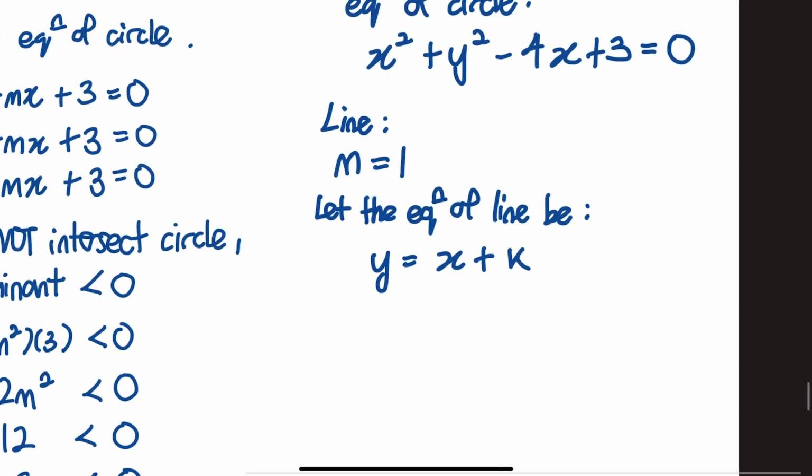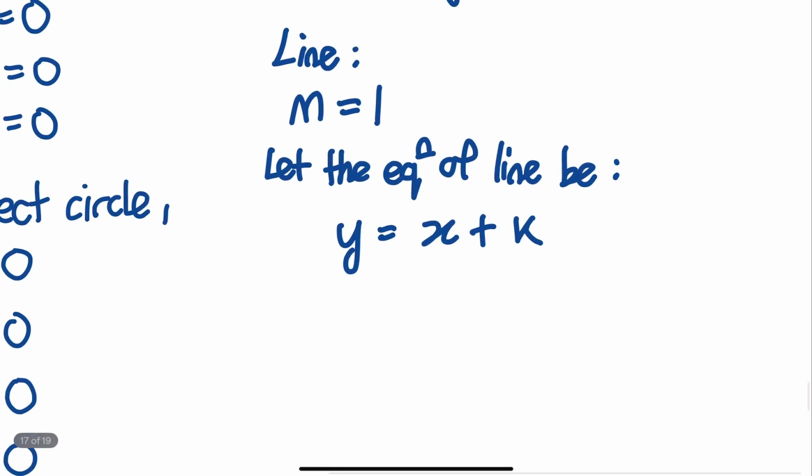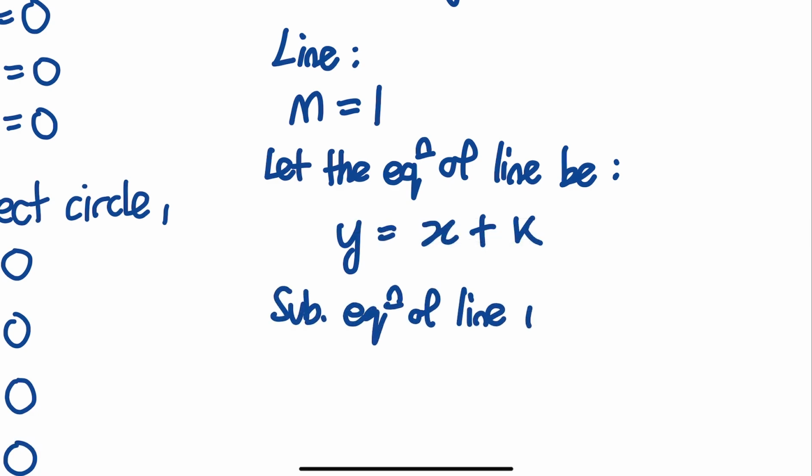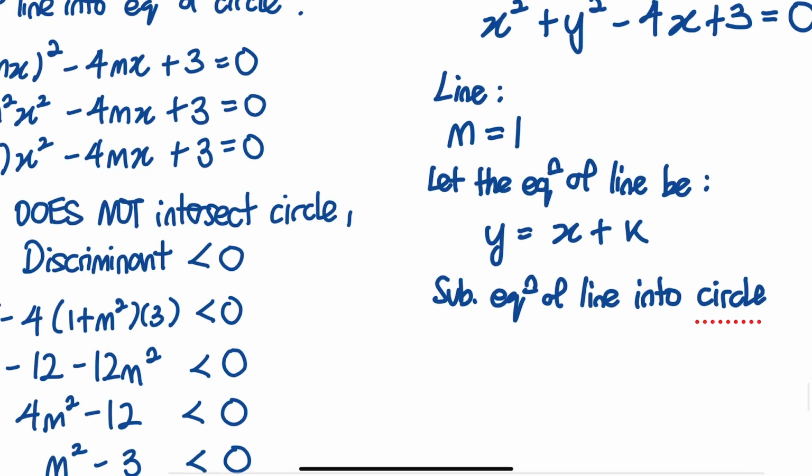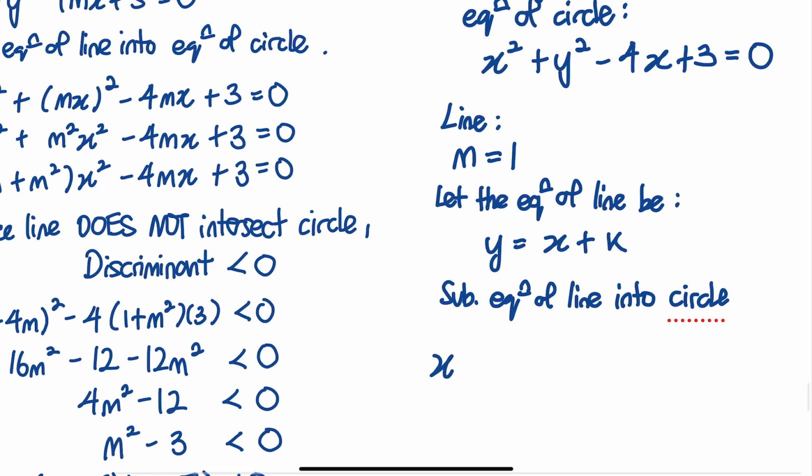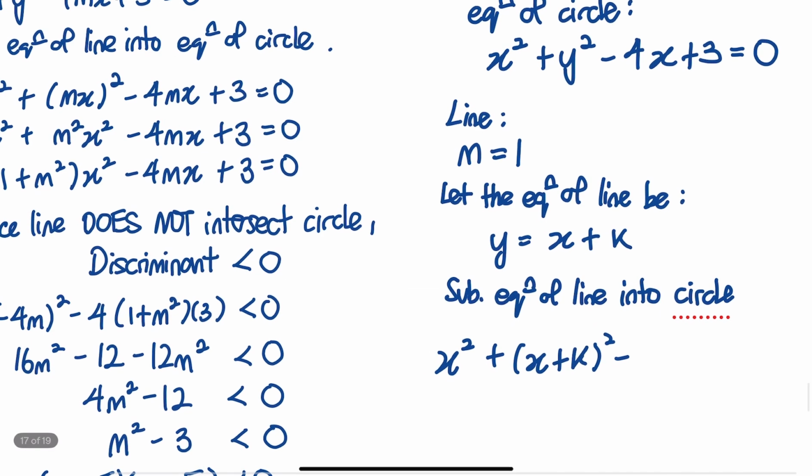So this means that when I sub this in, let's write out: sub equation of line into circle. I will get x squared plus (x plus k) the whole thing squared minus 4x plus 3 equals 0.